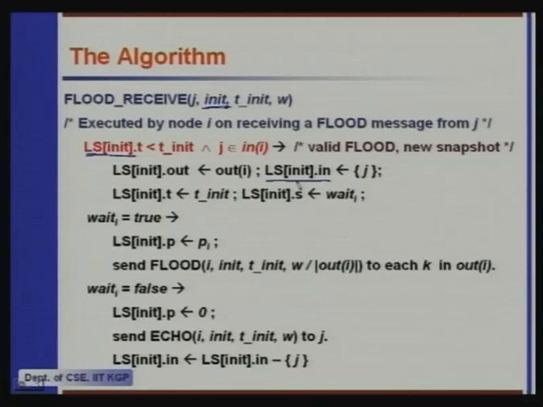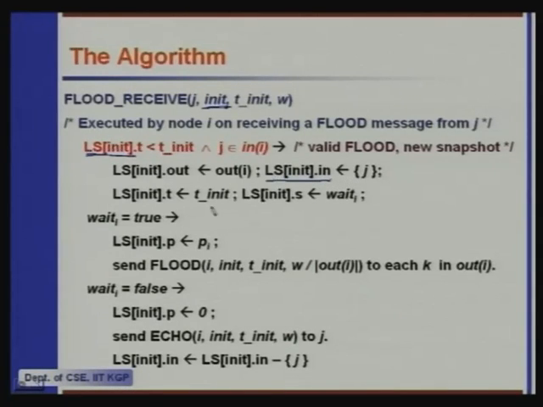That is why we do not put them in at this point of time. So please remember, it is very important to remember that ls init dot in is not the same as in I. We just start by putting this j in this, and we will update ls init dot in due course of time.